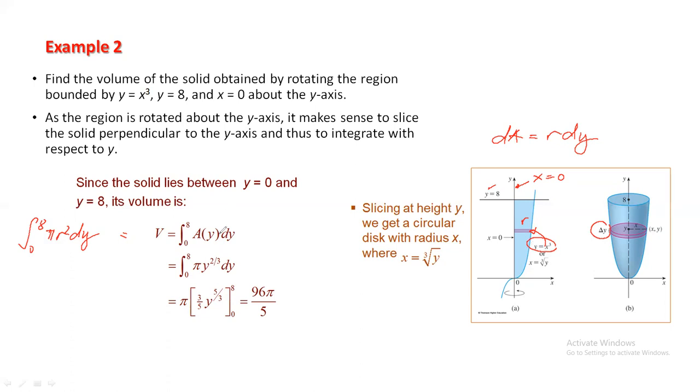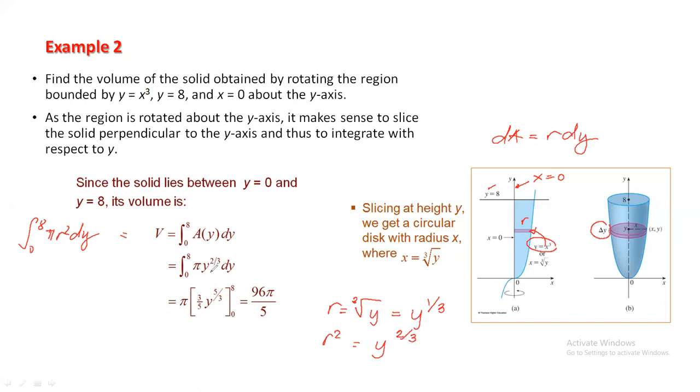So I'll write here r is equal to the cube root of y, which is equal to y raised to 1/3. If you're going to square it, it's just like you're going to multiply the exponent of y raised to 1/3 by 2. So this would be now y raised to 2 over 3.